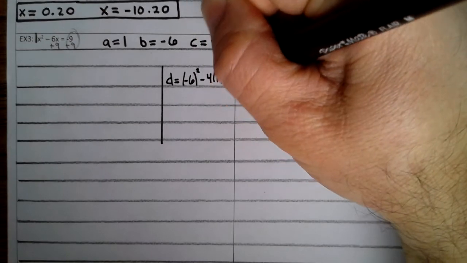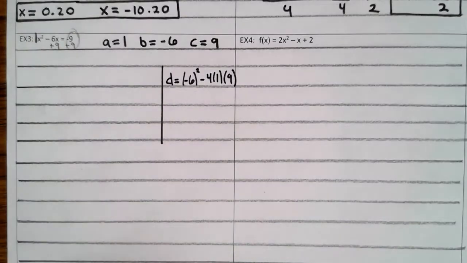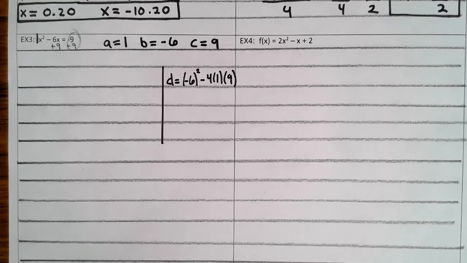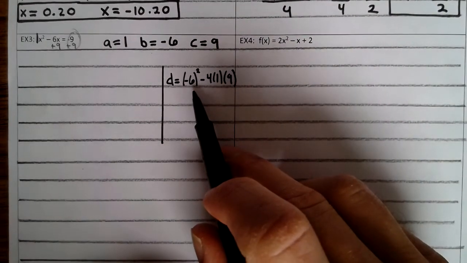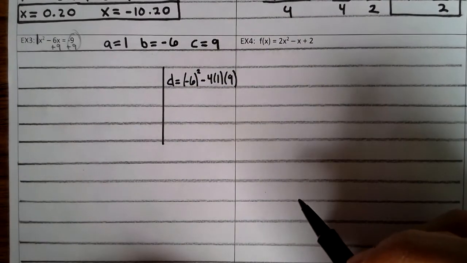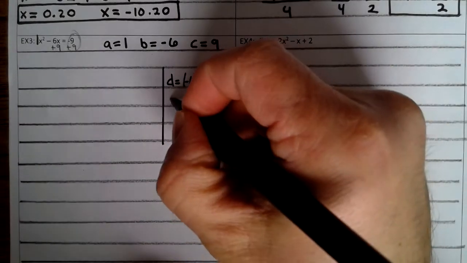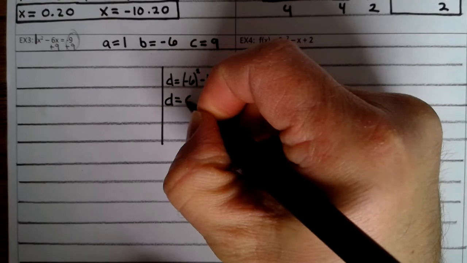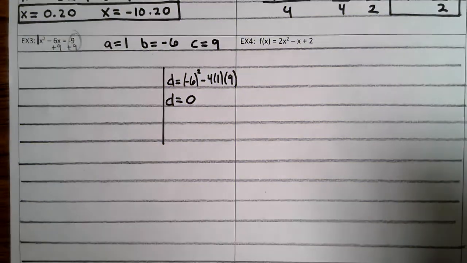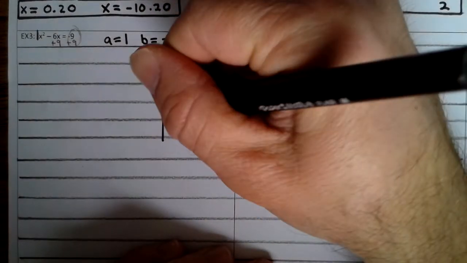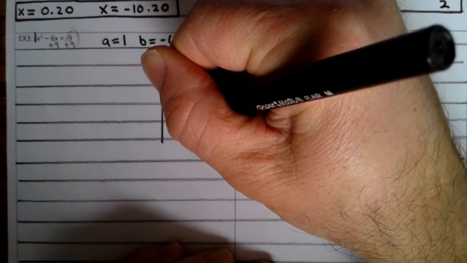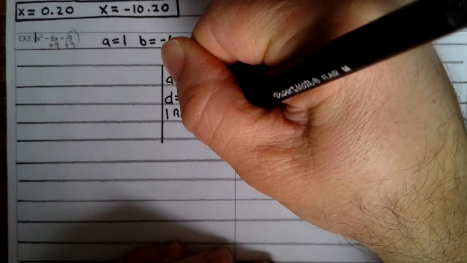So that's equal to positive 36 minus 36. So the discriminant equals 0. Now, when the discriminant equals 0, we know from our notes that it's one real solution.